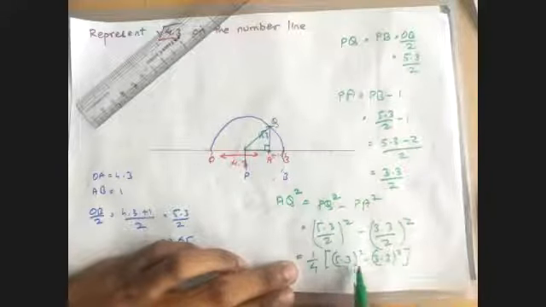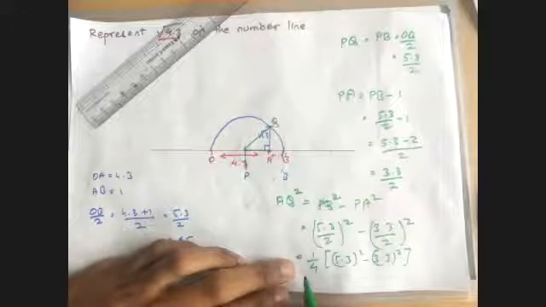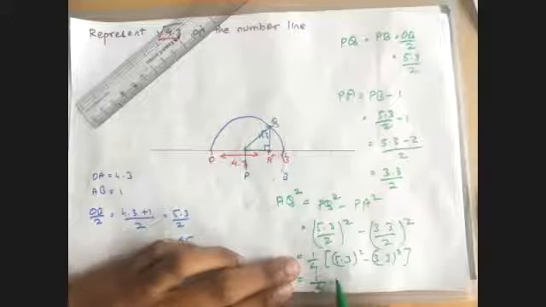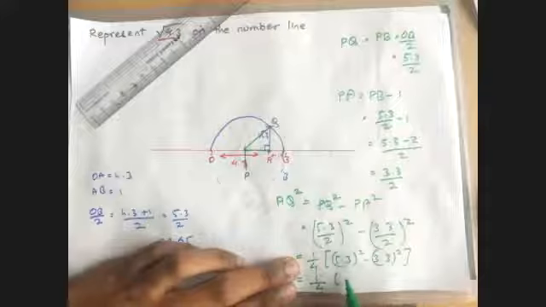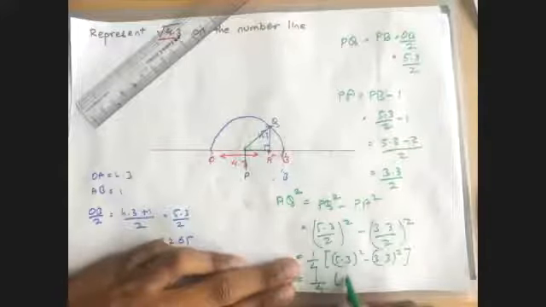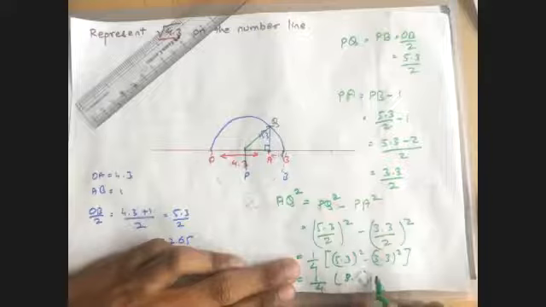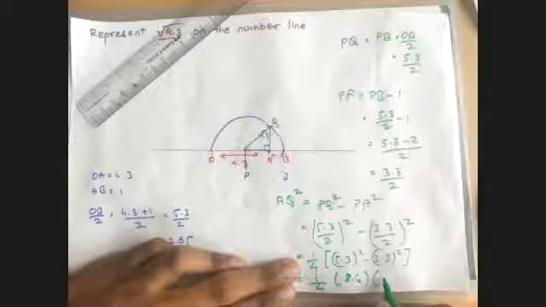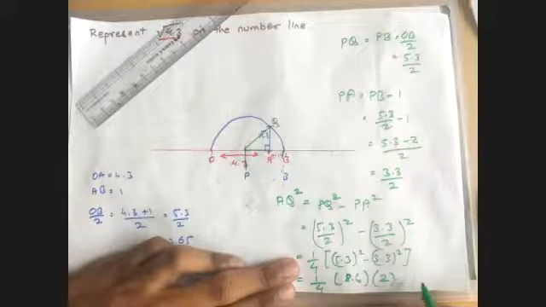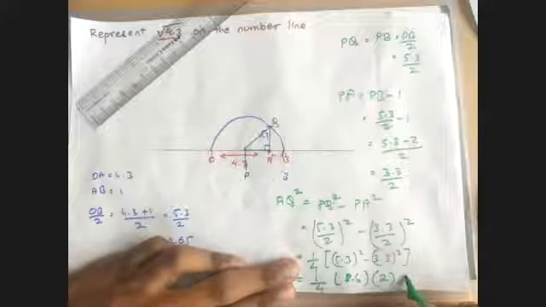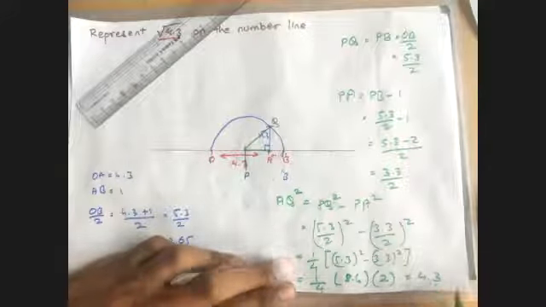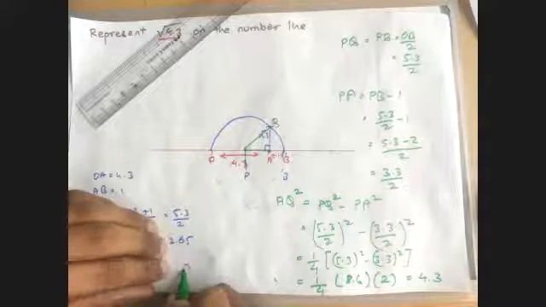I know that a square minus b square is a plus b into a minus b, that is 1 by 4 into a plus b, 8.6, into a minus b, 2. So this is nothing but 4.3. So AQ is root 4.3.